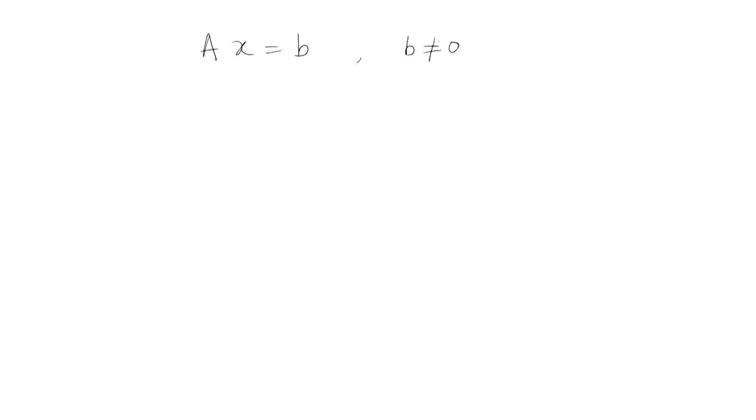Now, if we have a system of non-homogeneous equations, that is Ax equals to b, which is a linear system of equations, but non-homogeneous. Non-homogeneous means the b vector is not equal to 0.